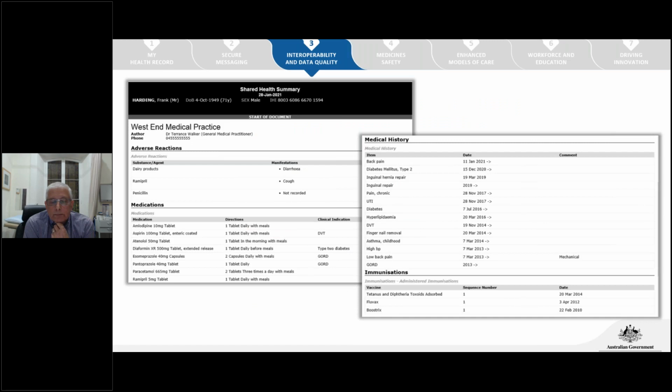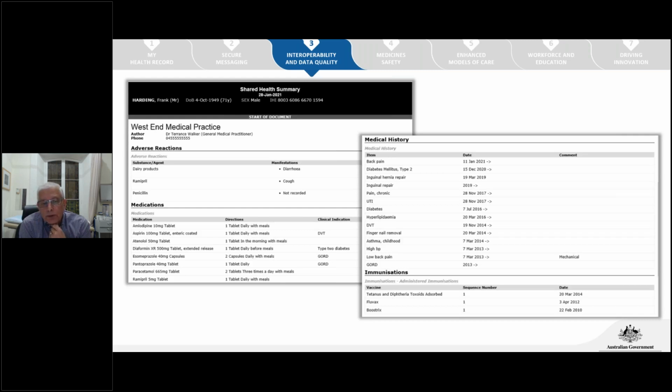And then I guess this is the shared health summary. And I think the point to make here is that you can see, unfortunately, the diagnosis list doesn't separate out into past or inactive, which is a limitation and concern. But if you can add comments to things, that's what I would do.